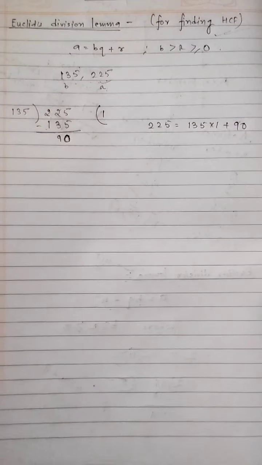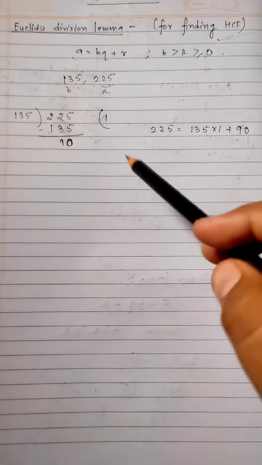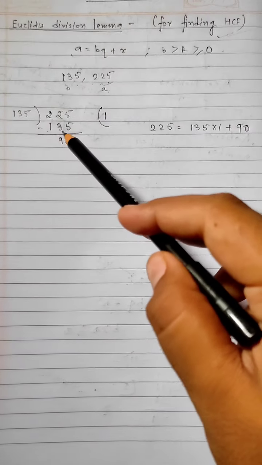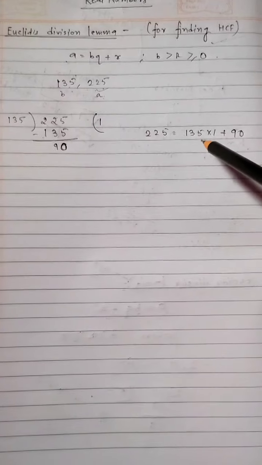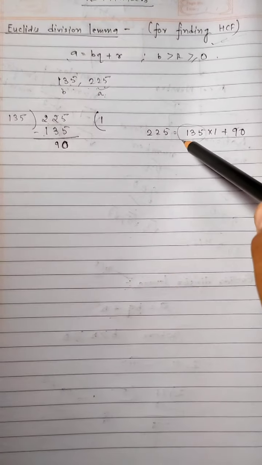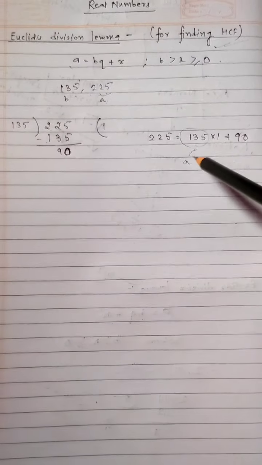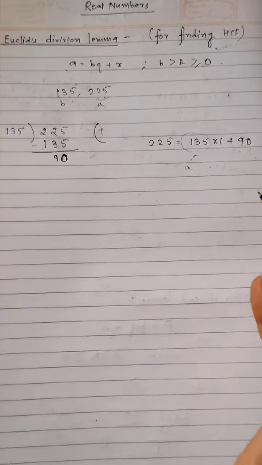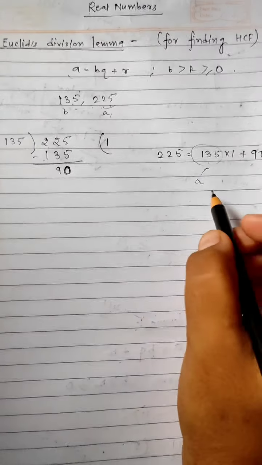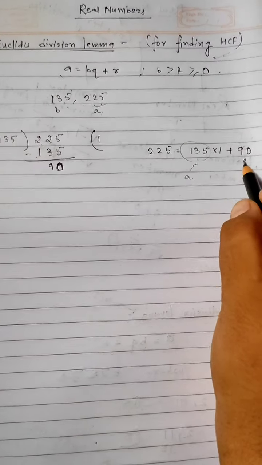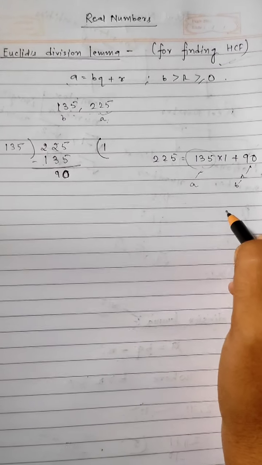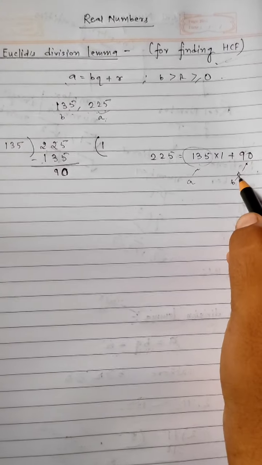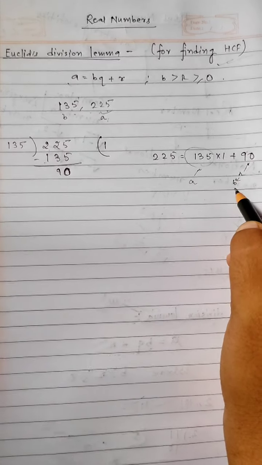And now we have to follow this rule until the remainder comes to 0. So let us take this as A for the next step and let us check. This R will become B. Clear? It was R, but now it has changed to B.